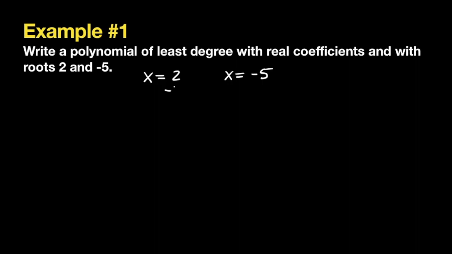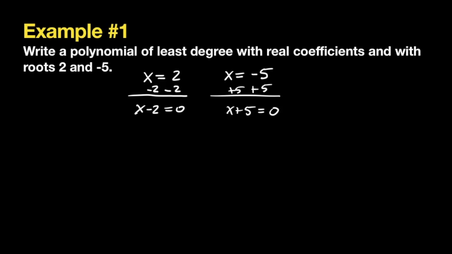So we are going to subtract 2 from both sides, and we get x minus 2 is equal to 0. And then we're going to add 5 to both sides, and we get x plus 5 is equal to 0. So now that we have these two, these are going to be our factors. Our factors, in this case, x minus 2, x plus 5.